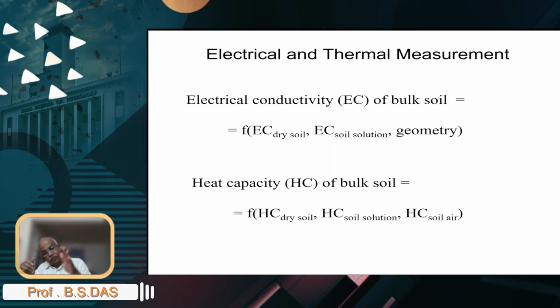As the soil loses water, wherever water is present in the soil, that geometry is going to change. Therefore, electrical conductivity probes have three components: the electrical conductivity of the dry soil, the electrical conductivity of the soil solution, which is a function of how wet or dry the soil is, and the geometry of that whole setup, which also depends on the soil wetness.